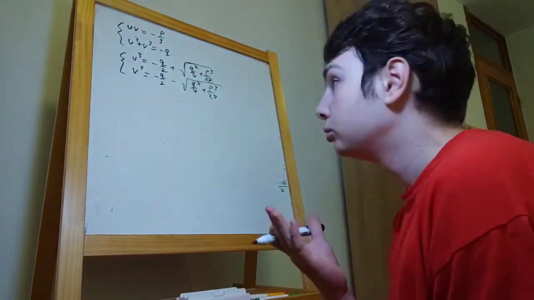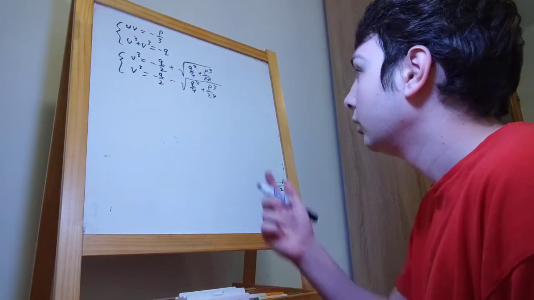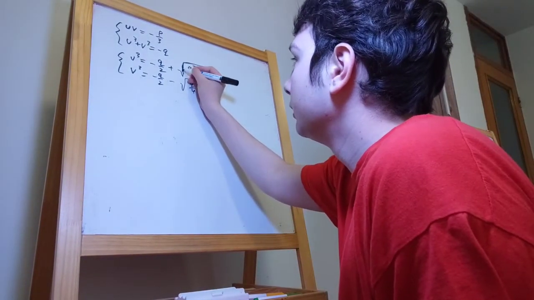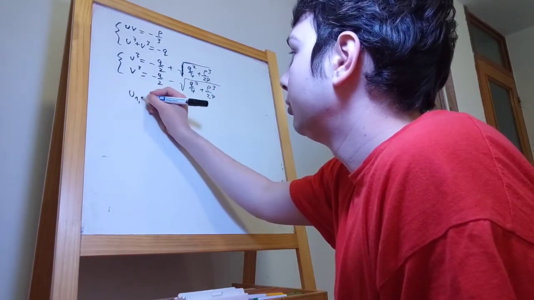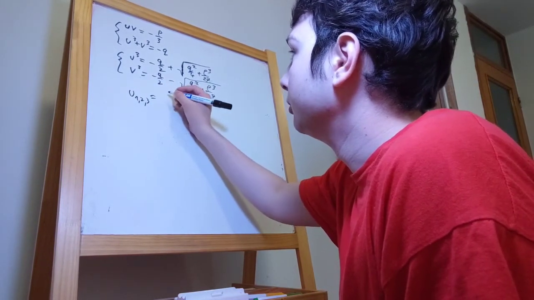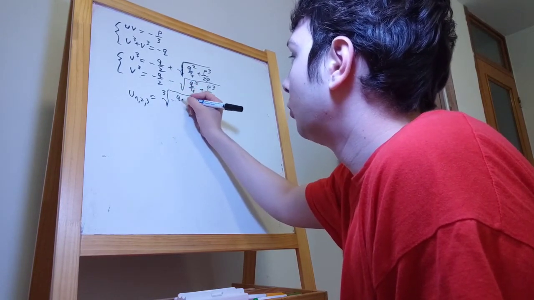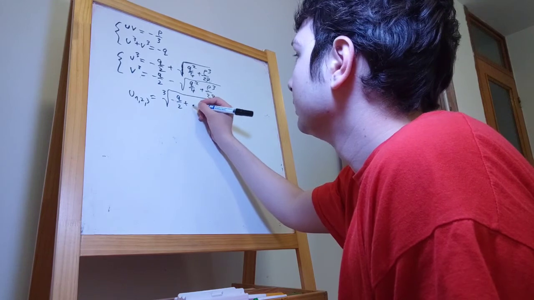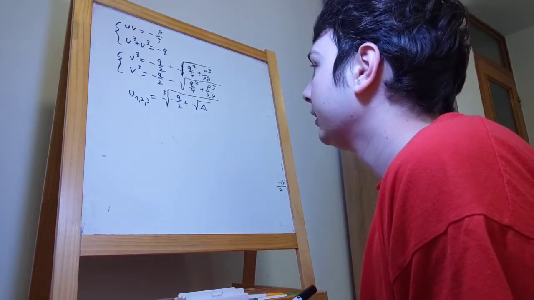So the next thing we do is take the cube roots of these numbers, just as we intended to and did before. So u1, 2, 3 is equal to the cube root of minus q over 2 plus square root of delta. Recall that's the discriminant.